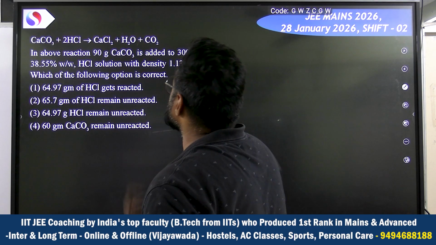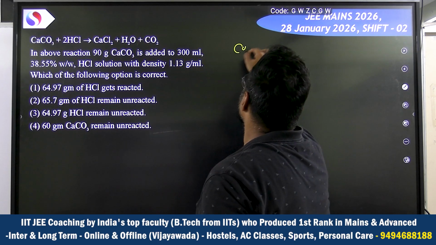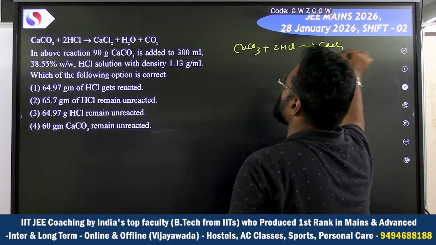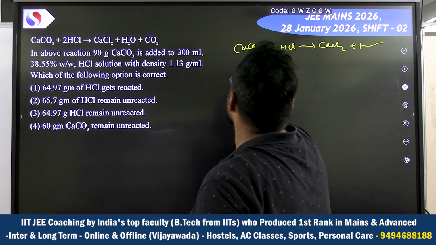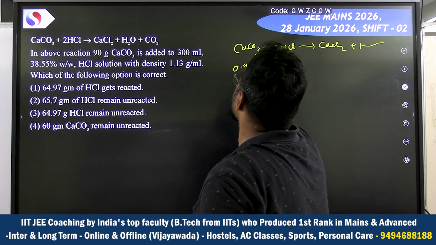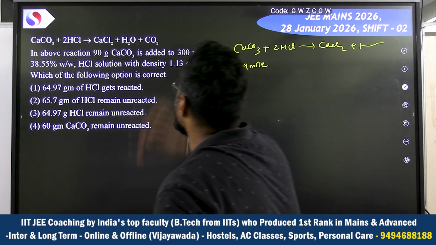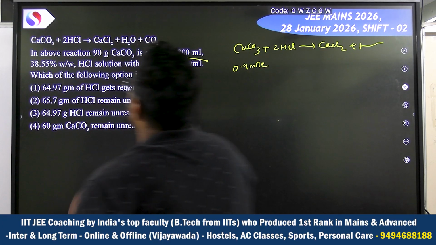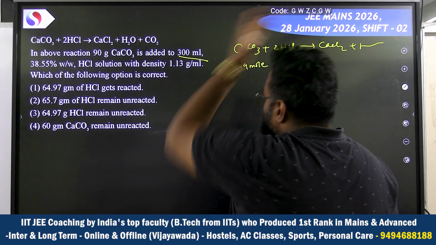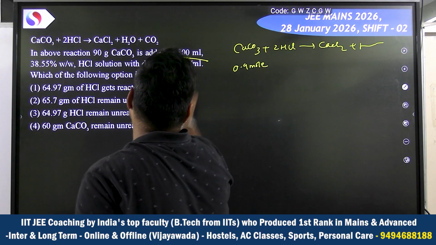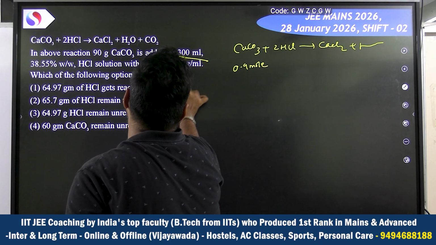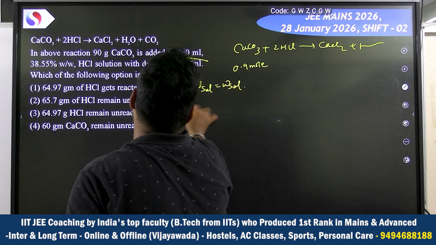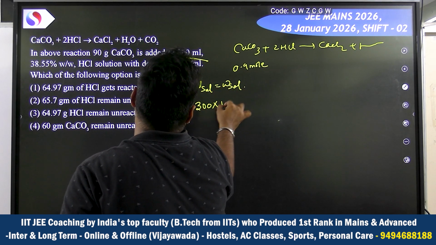Calcium carbonate plus 2 HCl gives CaCl2 plus H2, आगे की जरूरत नहीं है. This is 90 grams, मतलब 0.9 moles. And we have 300 ml of 38.55 weight by weight solution with density given. Density of solution into volume of solution is equal to weight of solution. So 300 into 1.13.